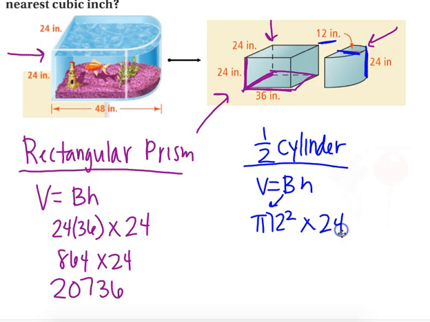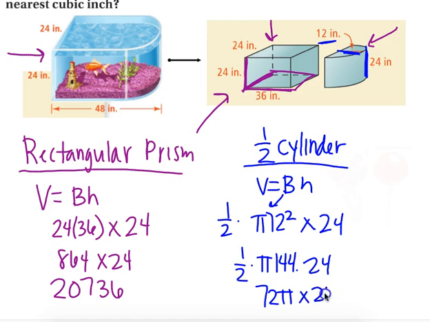And again, this is half a cylinder, so times a half. Let's start with 12 squared, which is 144. Half of 144 is 72, so now I have 72 pi times 24.